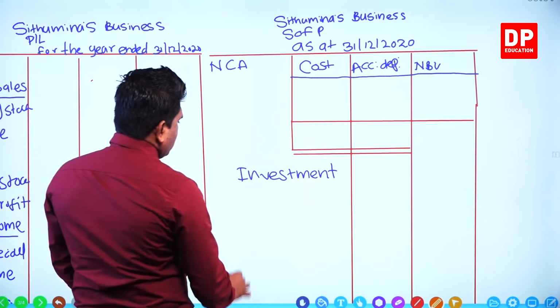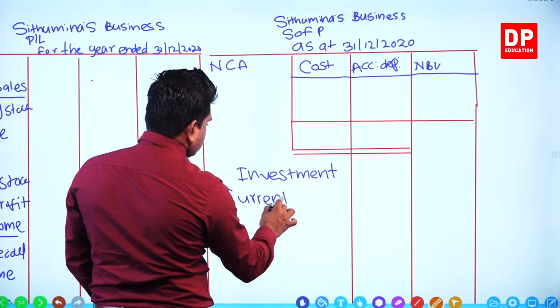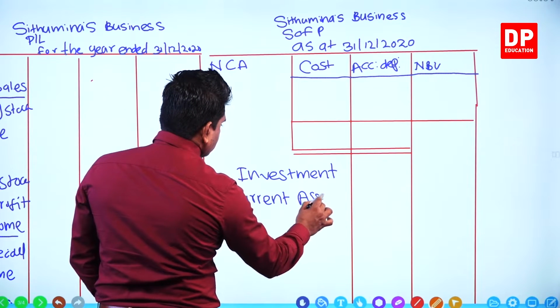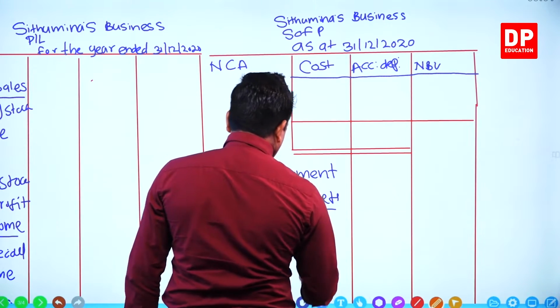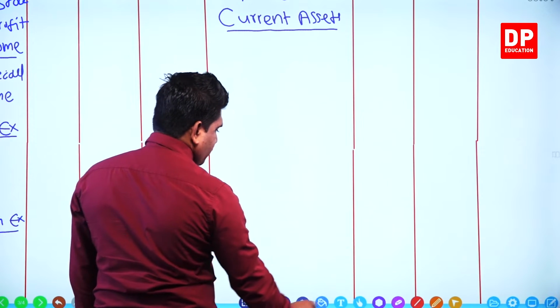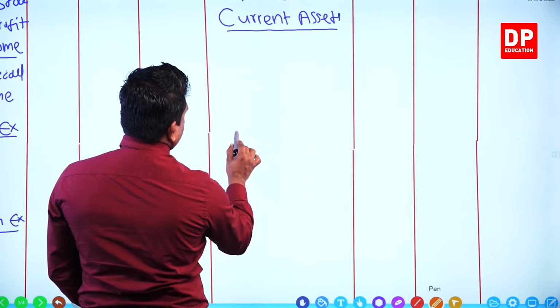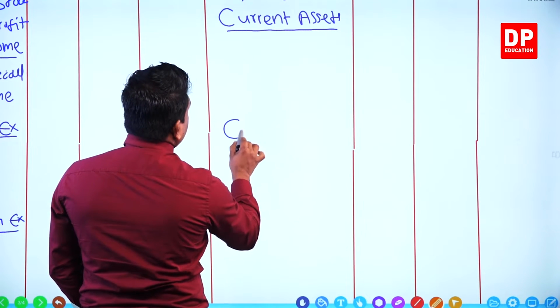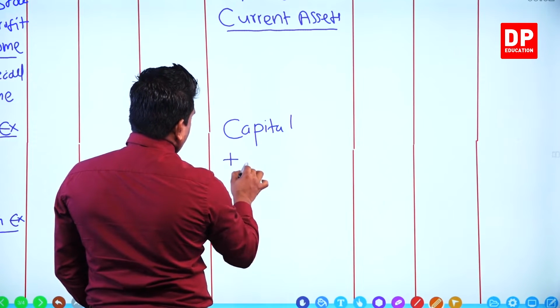Then current assets. Current assets, right? Then you give space. After that, asset side finished. Then we can start what? Capital. Under the capital we put net profit.